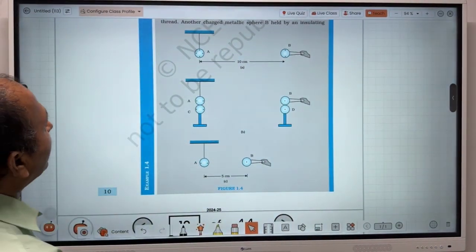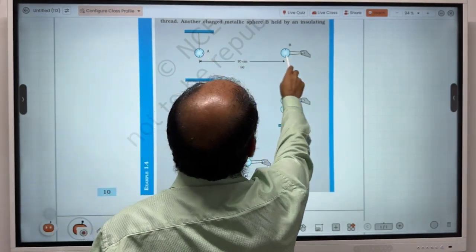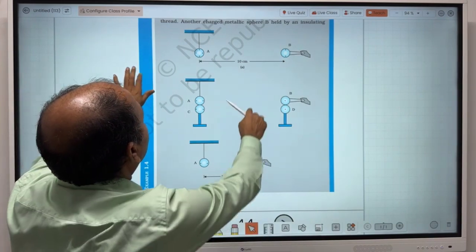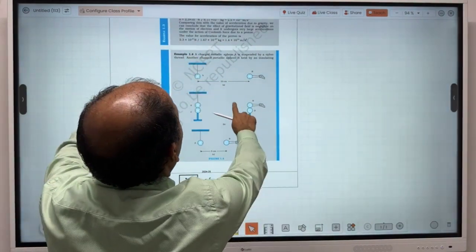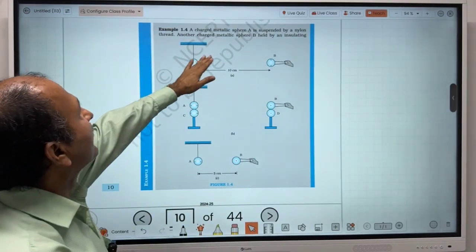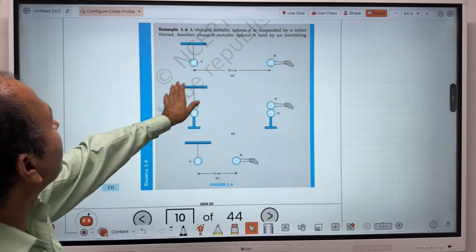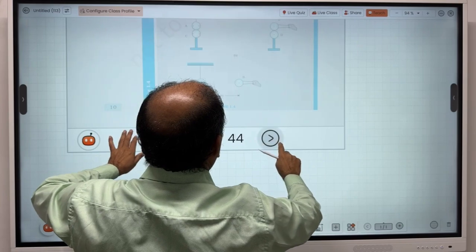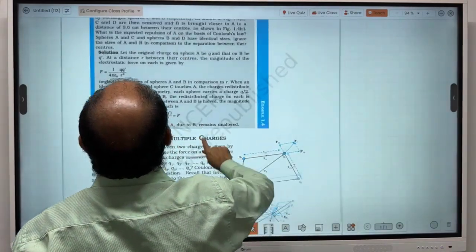In this picture, what is happening? Here the situation is shown. A charged metallic sphere A is suspended by a nylon thread. Another charged metallic sphere B is held by an insulating handle. Let's read the question fully, and after that I will tell you the solution.